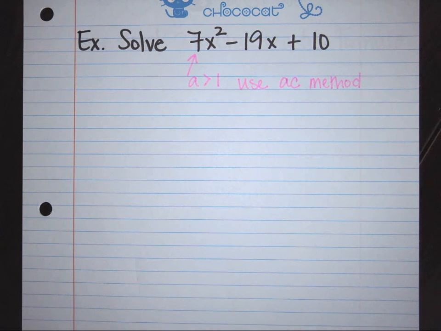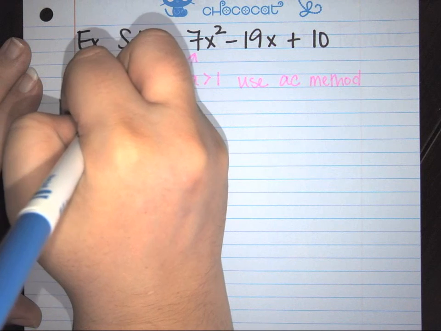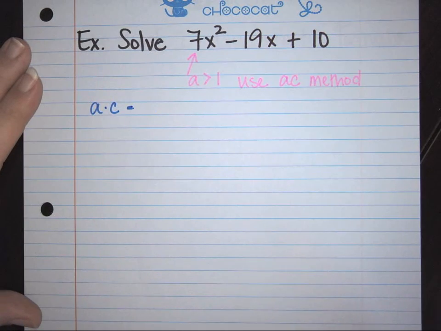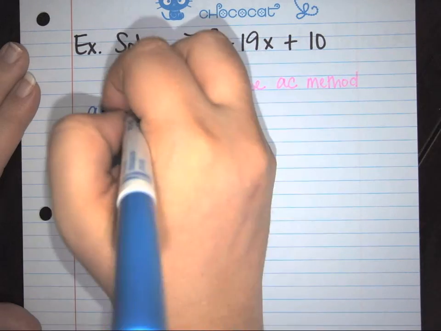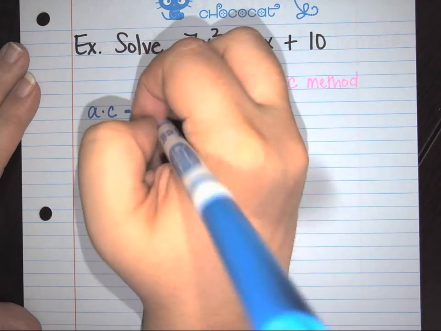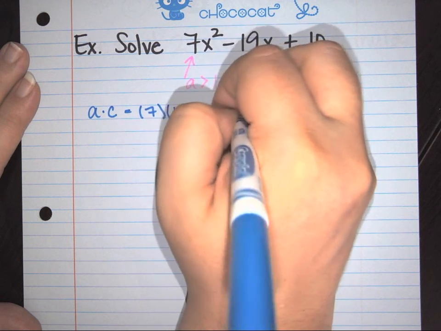So we need to remember what that actually means. The AC method says the first thing we need to do is multiply A times C. In this case, my A was 7 and my C is 10. So A times C gives you 70.